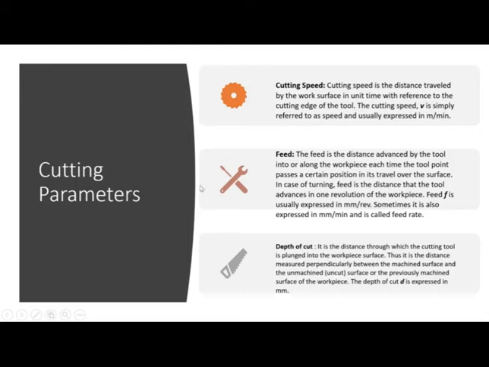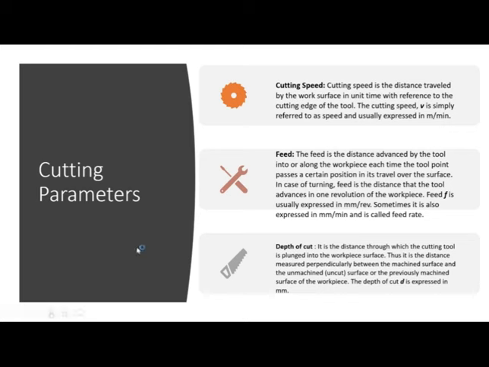So what are the cutting parameters? You already studied this in manufacturing processes in the last semester. Cutting speed is the distance traveled by the work surface in unit time with reference to the cutting edge of the tool. That is the relative motion between the tool and workpiece.